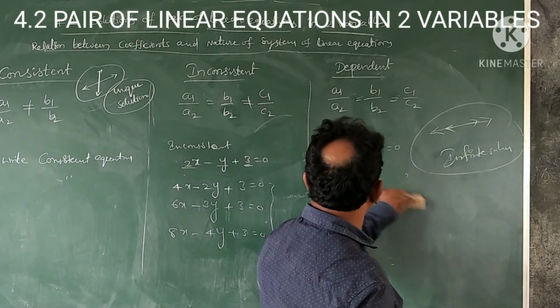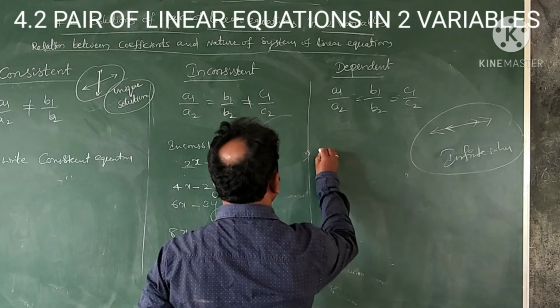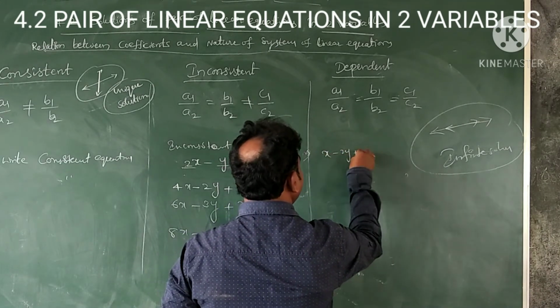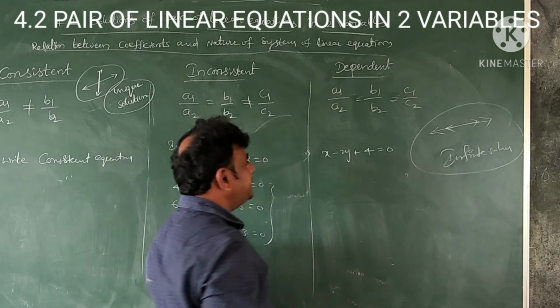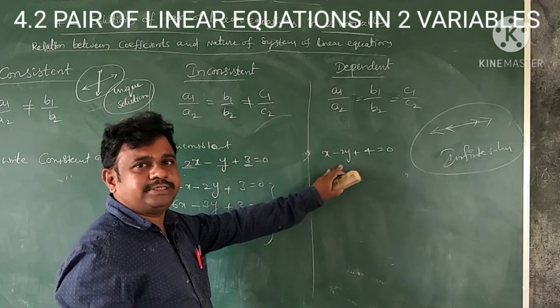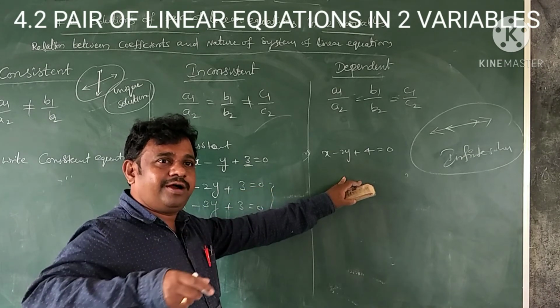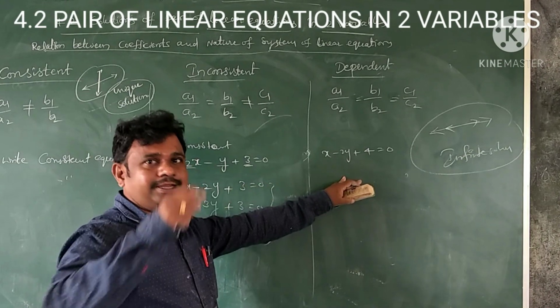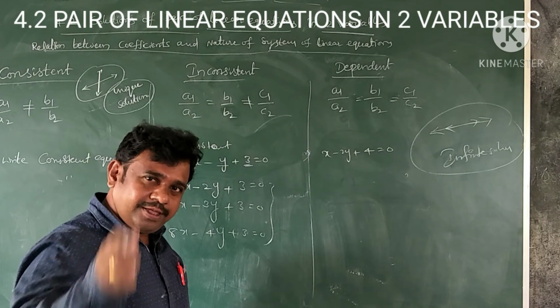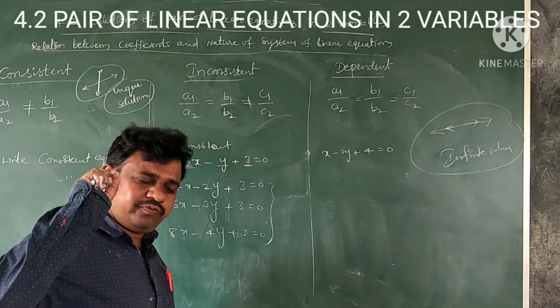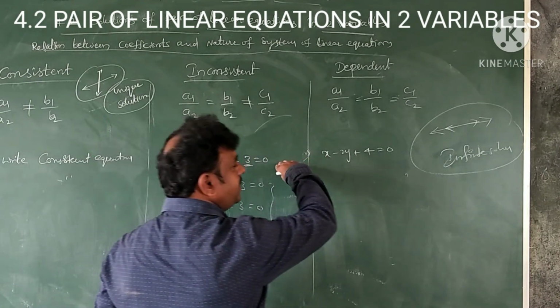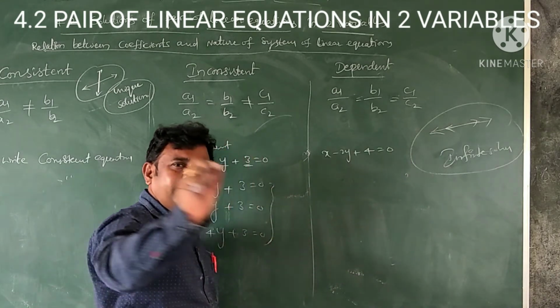Suppose he asks the question, write x minus 2y plus 4 equal to 0. Write a dependent equation, or which of the following are pairs of dependent linear equations to the given equation. Then it is easy, students, this is very easy. We can multiply the complete equation by a particular number.